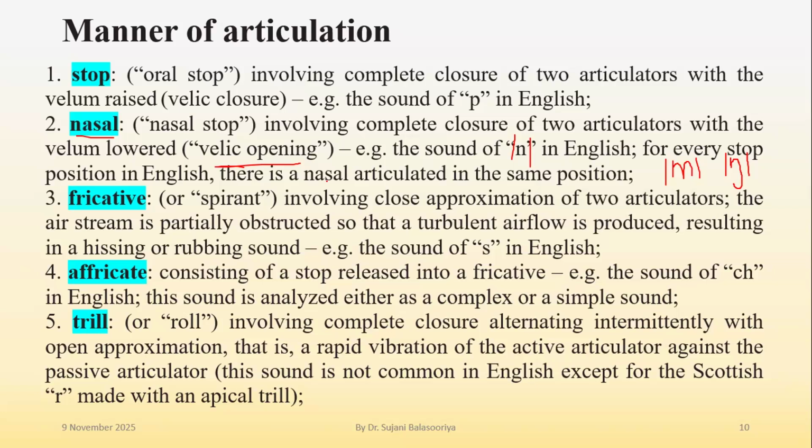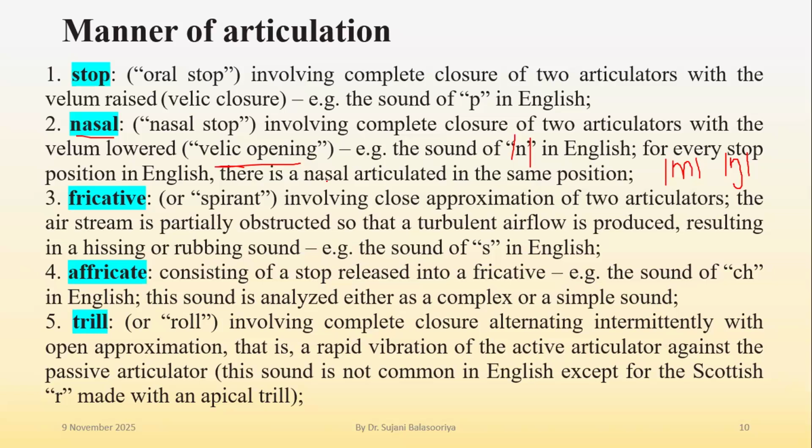In the production of any consonant, two articulators are necessary. We have to use two articulators in the production of any consonant sound. So here also there are two articulators, but the difference between fricative and stop is that when we produce fricatives, these two articulators are not completely blocking the airstream, which means the two articulators are not completely touching each other.